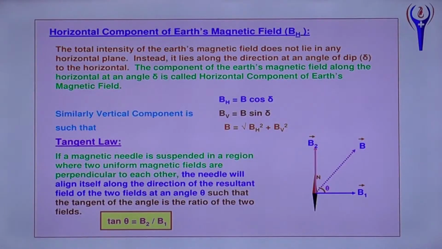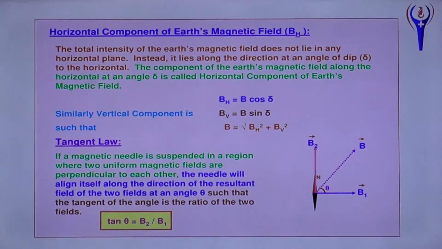Next, the horizontal component of Earth's magnetic field is denoted by the symbol BH. The total intensity of the Earth's magnetic field does not lie in any horizontal plane. Instead, it lies along a direction at an angle of dip, delta, to the horizontal. Delta is called the angle of dip.